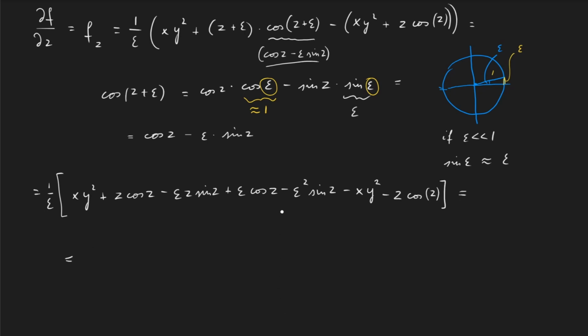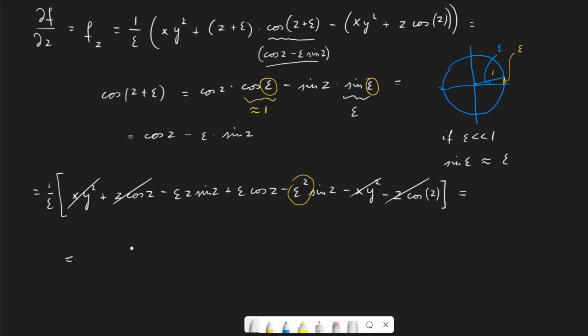And I would like to highlight that this term can be cancelled, because here we have an epsilon squared, and that is much less than 1. And we will have some eliminations, xy squared, for example, and z times cosine z, as you can see.